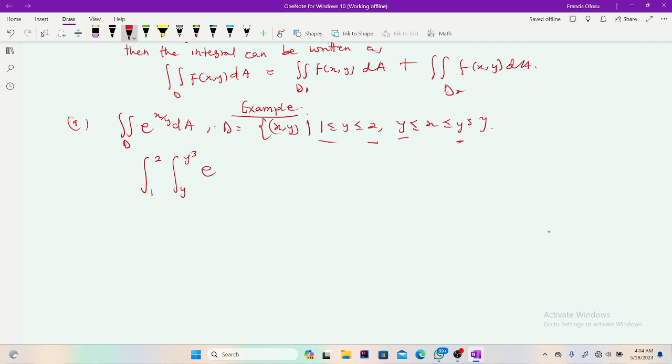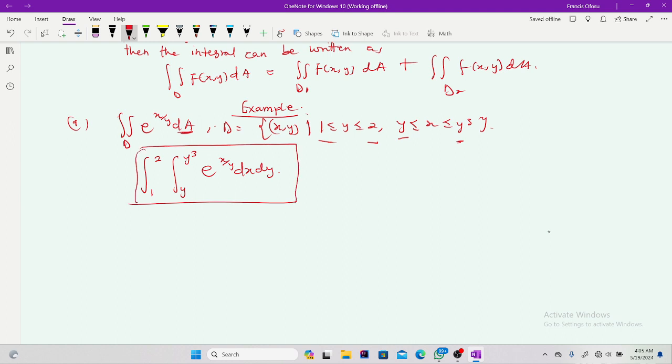Then our function e to the power x over y, and dA becomes dx dy. So we have a nice representation of our double integral.